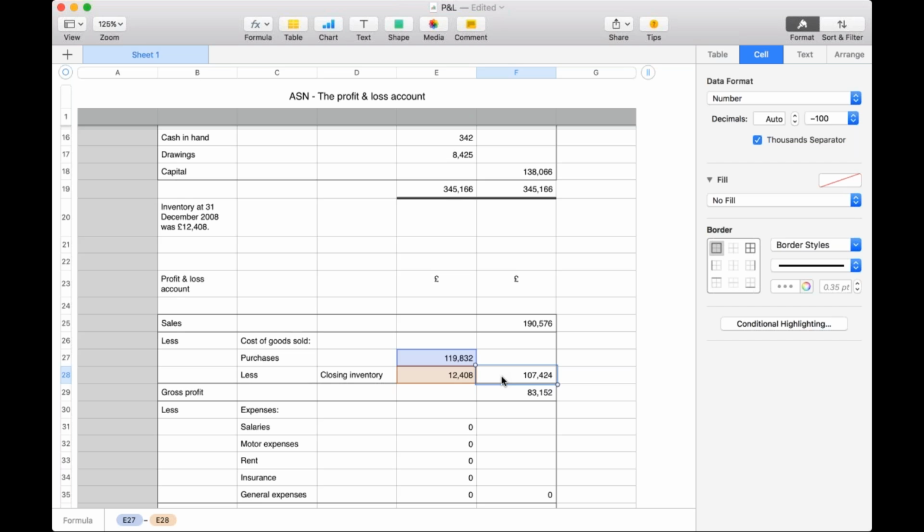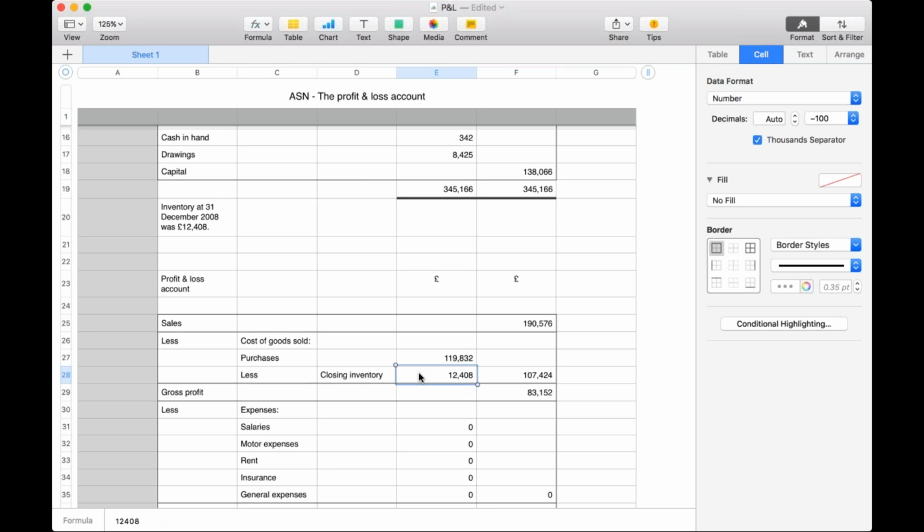I haven't complicated things by adding opening stock into this one. As it happens, opening stock wasn't included in this example, so I've gone for the most basic example to demonstrate how the P&L works. But quite often in the P&L, certainly when we come to run next year's P&L, we'll have an opening stock figure. And in next year's P&L, that opening stock figure will be 12,408.